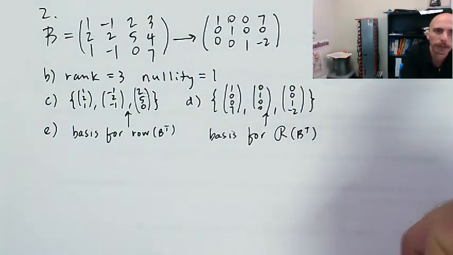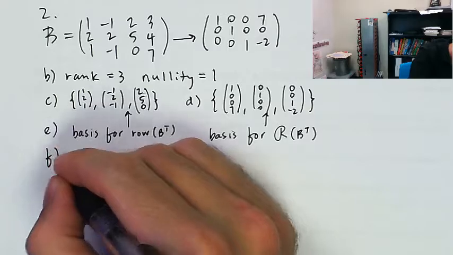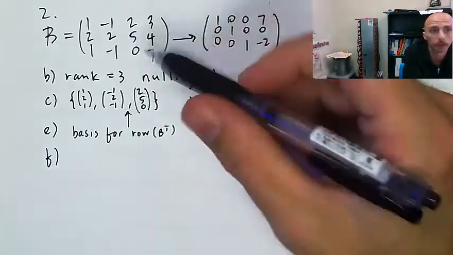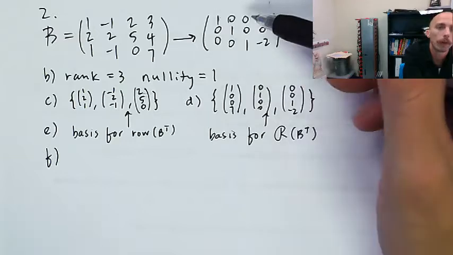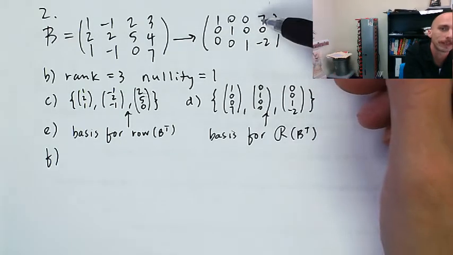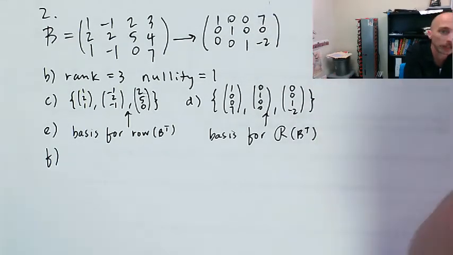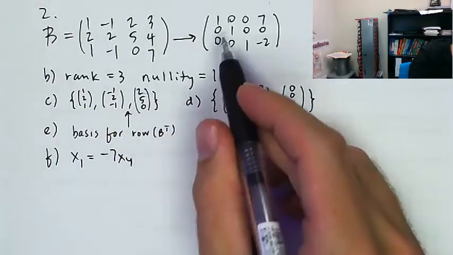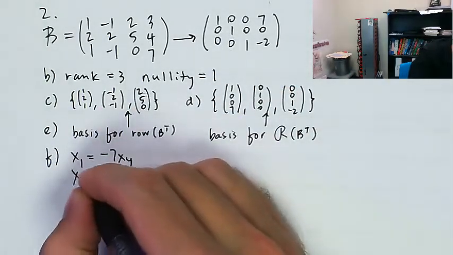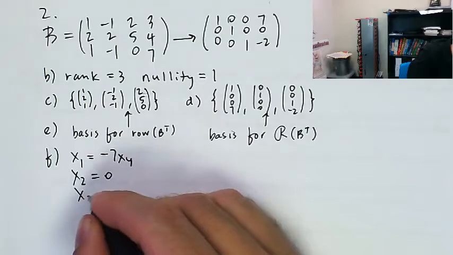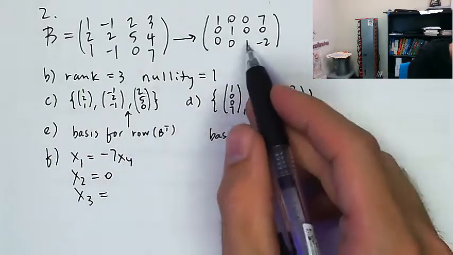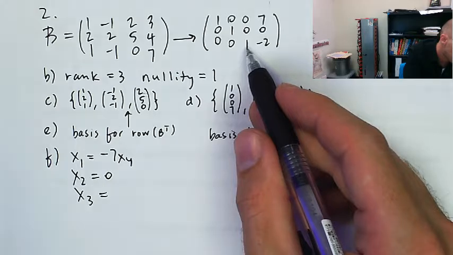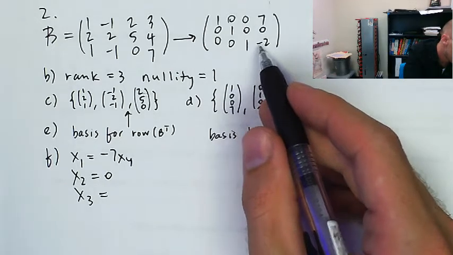Find a basis for the null space of B. Well, gladly. Okay. This augmented with 0 is going to give me the solutions to the equation Bx equals 0. So I'll have x1 equals negative 7x4. I'll have x2 equals 0. x3 is going to be 2x4.